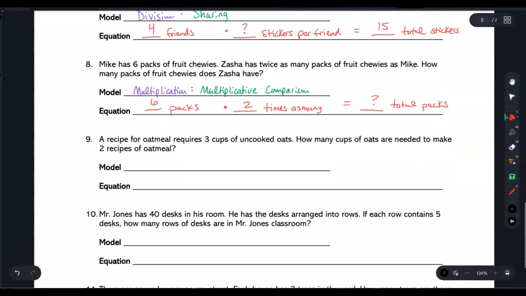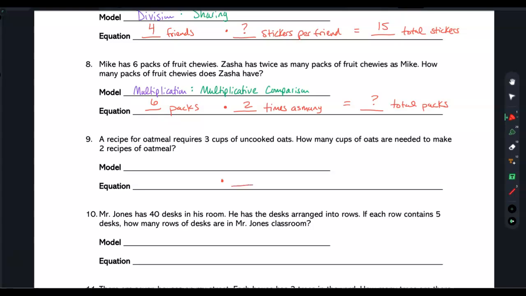For number 9, a recipe for oatmeal requires 3 cups of uncooked oats. How many cups of oats are needed to make 2 recipes of oatmeal? So I'm seeing 2 units here. I'm seeing cups and I'm seeing recipes. So if I'm using a standard way of writing a setup equation, I would do groups times objects per group, right?